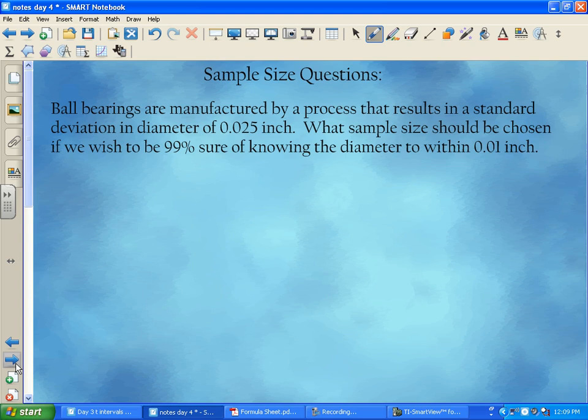If I'm trying to figure out how many people I need to sample, I don't have the standard deviation from my sample. Does that make sense? So if I'm trying to estimate how many people to sample, I use my z. And I would say 90% of the time, in this course, they're going to tell you the population standard deviation.